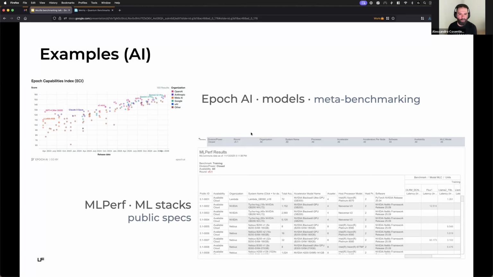We can also do this on the modern ML stack, which is the hardware and software stacks that run those models. There is a website called MLPerf and an organization called MLCommons, which aims to classify machine learning stacks by benchmarks that are actually submitted by the users.